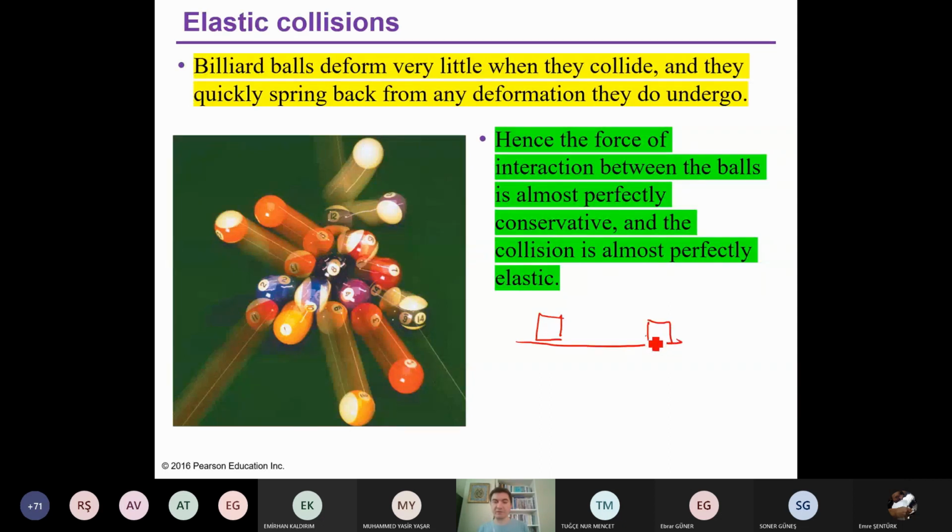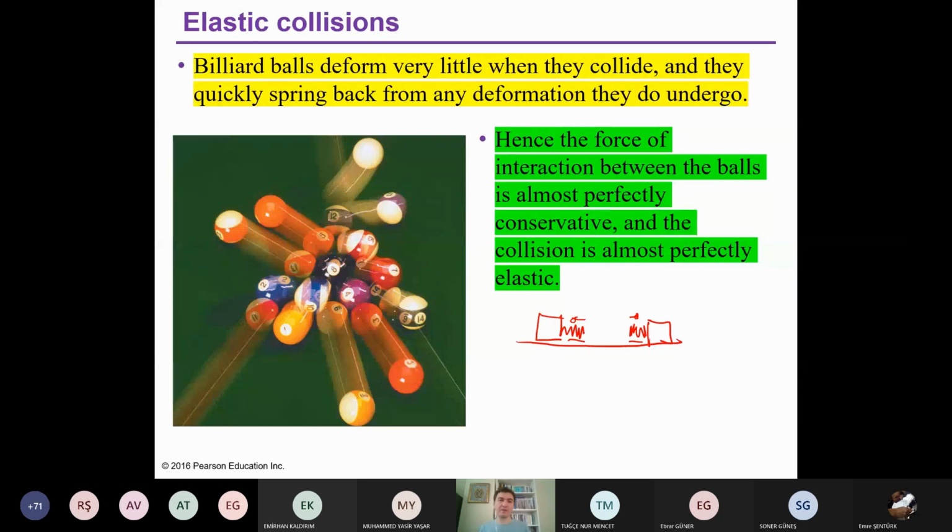During the collision, these springs are compressed and kinetic energy is stored as potential energy in the springs. Then after the collision, the potential energy stored in the springs is again converted to kinetic energy, and then kinetic energy is conserved.